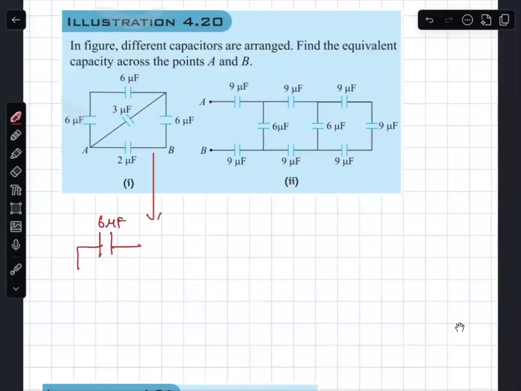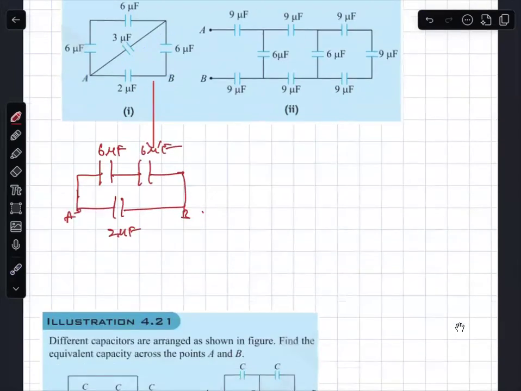So therefore, the equivalent of this part is going to be 6 microfarad, and 2 microfarad across AB. Again, 6 series, 3, 2 parallel later on, 5 microfarad. So totally this will tend to 5 microfarad.